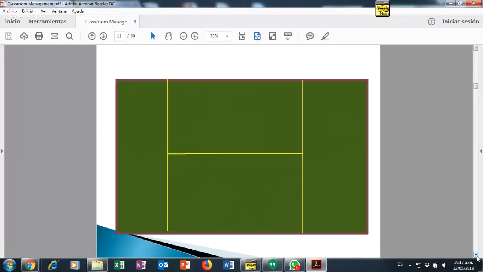And the lines don't necessarily need to be on the same part. They could be up here, and they can be at the bottom. You can have the lines here, or a whole line here, so that you can have more divisions.